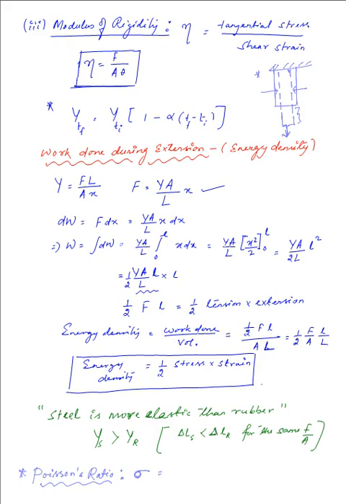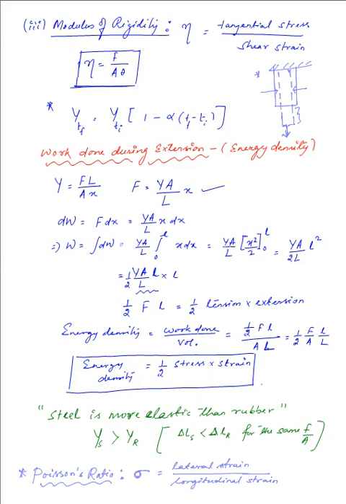Sigma is equal to the lateral strain divided by the longitudinal strain. That's the Poisson's ratio for a given material of a given wire maybe, and it's obviously a unitless quantity. Limiting value of the sigma, that is the Poisson's ratio, lies between -1 to 0.5.